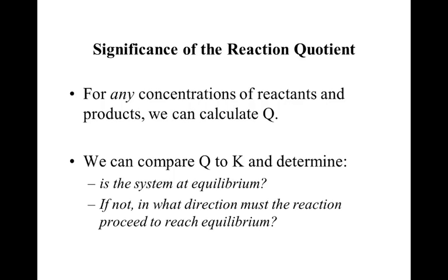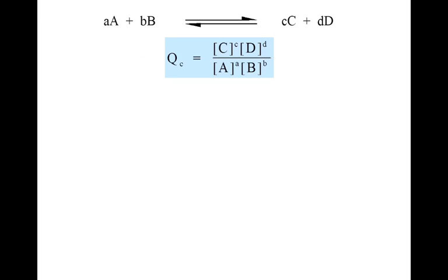If your Qc is equal to your Kc, it is at equilibrium. Exactly. So if you take a snapshot and your reaction quotient Qc is equal to Kc, bada boom, you are at that sweet point. The rate in the forward direction is equal to the rate in the reverse direction, which means you have constant reactants and products.